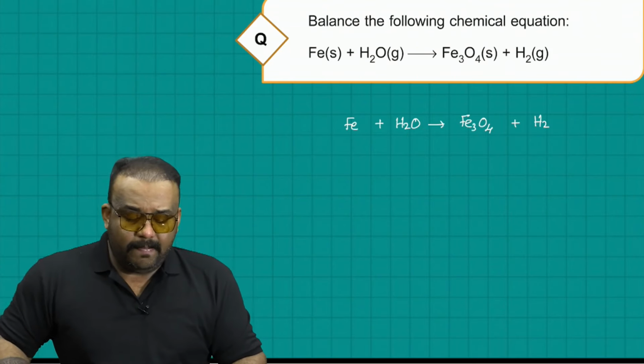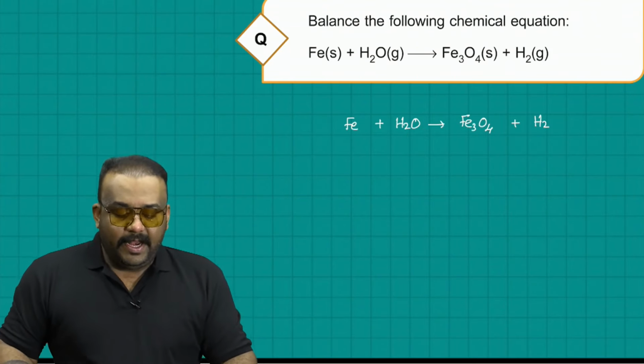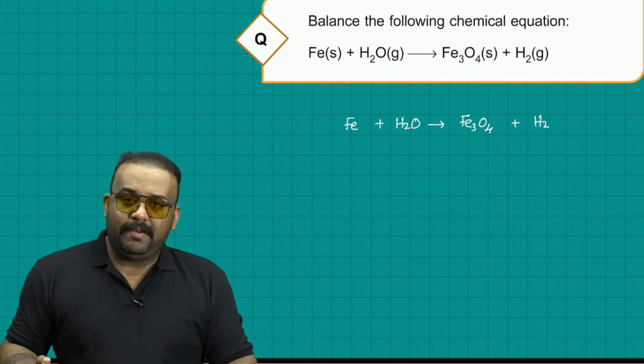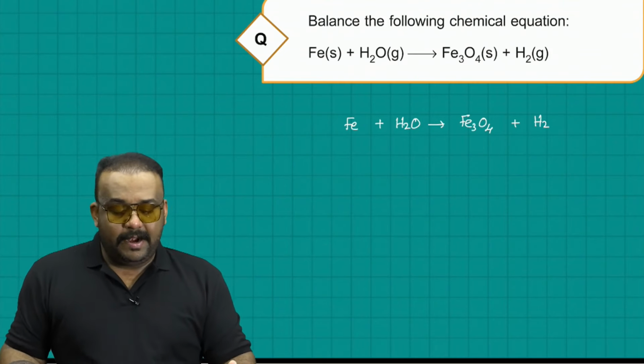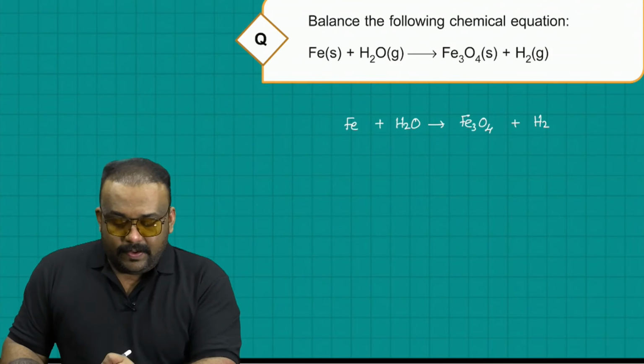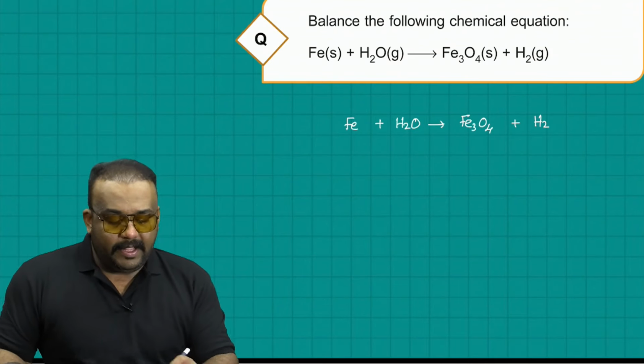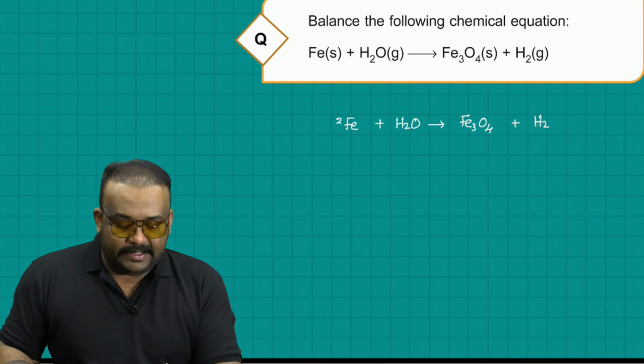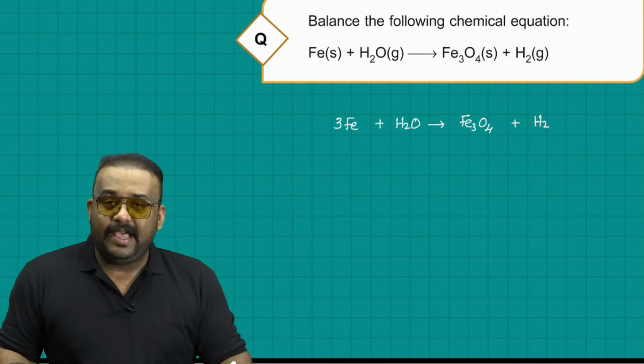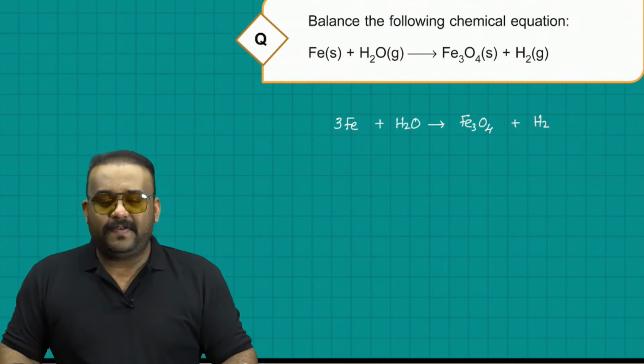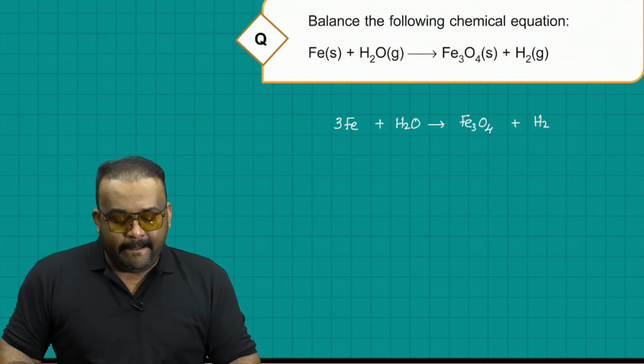So in order to balance this equation, we need to look at the total number of atoms in each case which are unbalanced. If I put 3 in front of iron on the left hand side, I have balanced the atoms of iron on both sides.